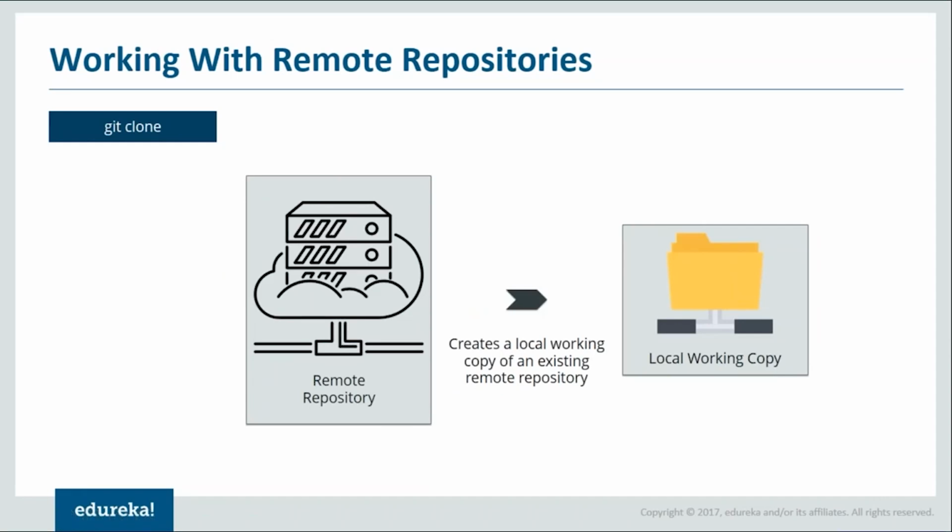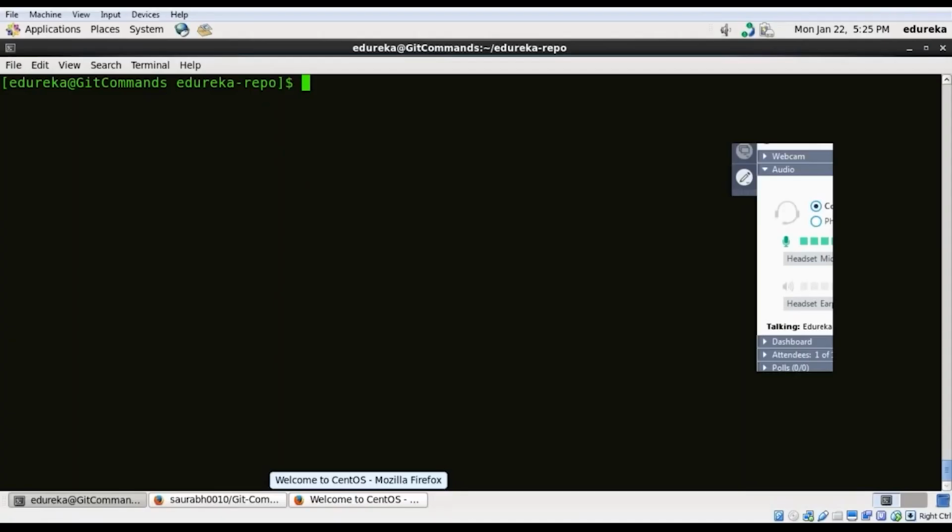So now we're going to see how to clone a remote repository. To create a local working copy of an existing remote repository, we'll use git clone to copy and download the repository to a local computer. Cloning is the equivalent of git init when working with a remote repository. Git will create a directory locally with all the files in the repository history. So I'll just open my virtual machine and quickly show you how you can do that.